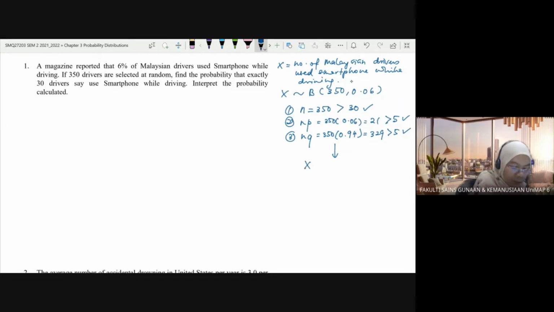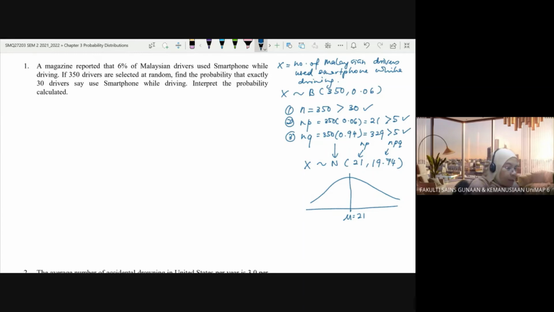So x becomes normal, the mean equal to 21 and the variance equal to 19.74. So this is np and the variance is obtained from npq. Okay, so we know then the distribution of this particular equation has the mean equal to 21.